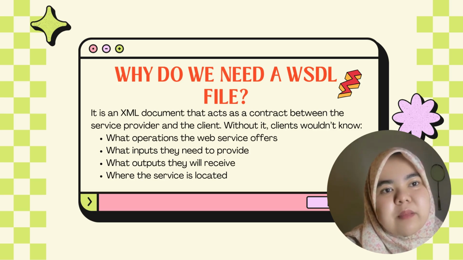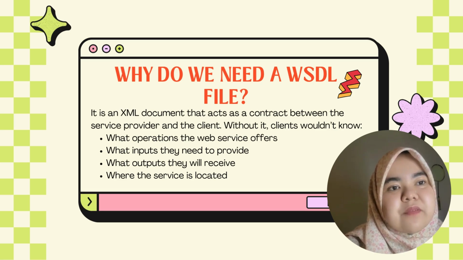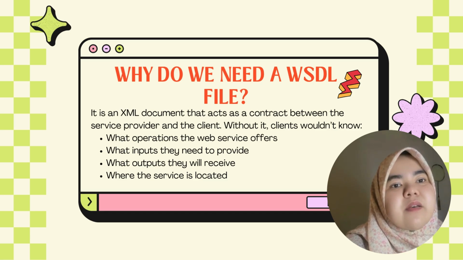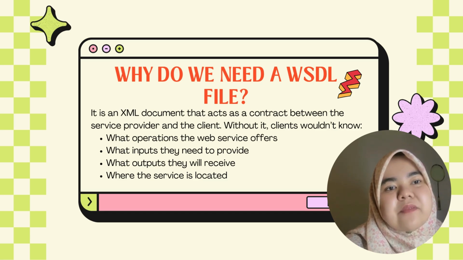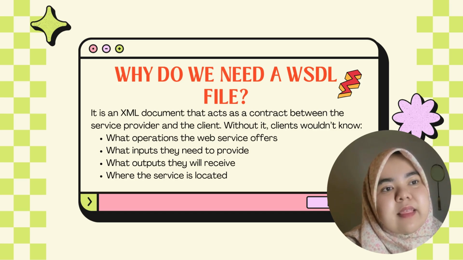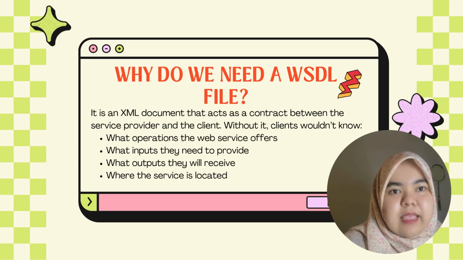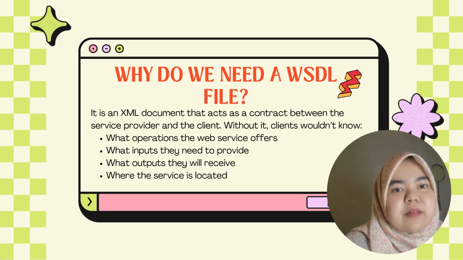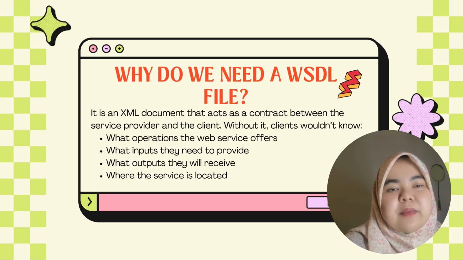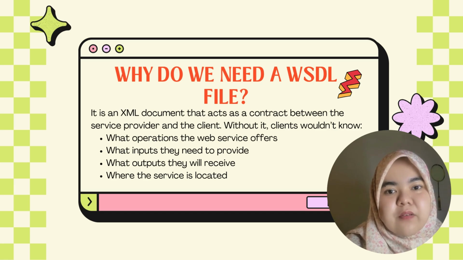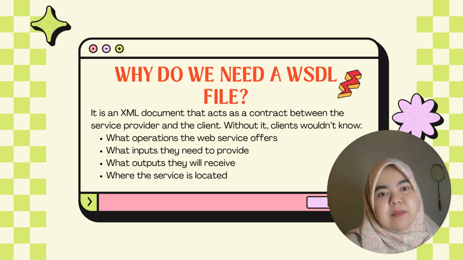And then port type defines the operations available, like add or divide. And then we have the binding. It specifies how to call these operations, such as the SOAP protocol. And we have service. It defines the URL endpoint to access the service. So it means that the WSDL file is like an instruction manual for clients on how to use the web service.